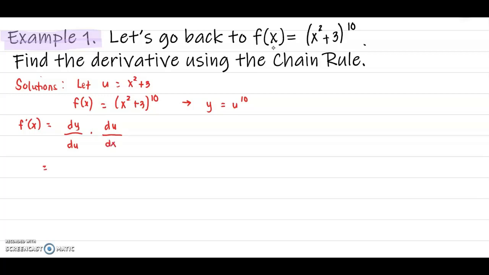Here y is u raised to 10, so we have the derivative of u^10 with respect to u, times the derivative of u, which is x^2 + 3, with respect to x.